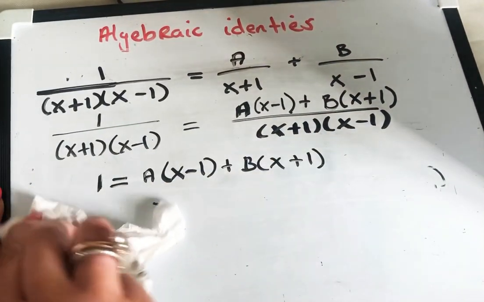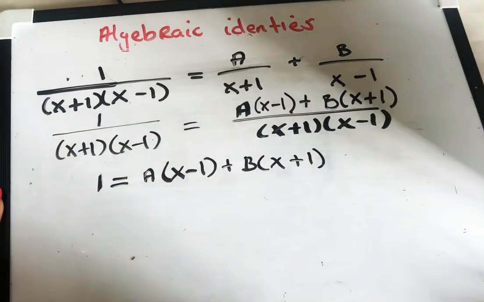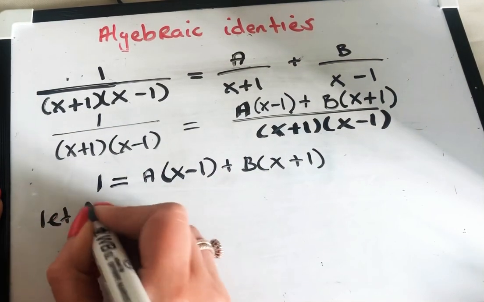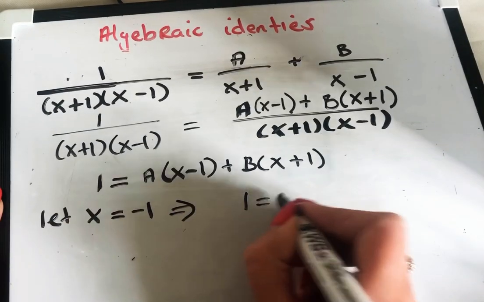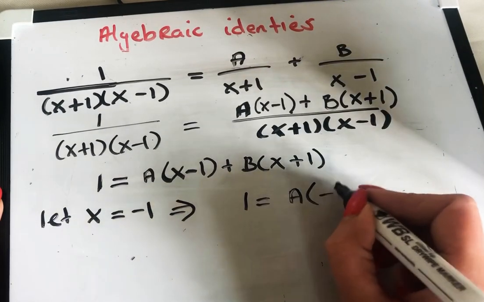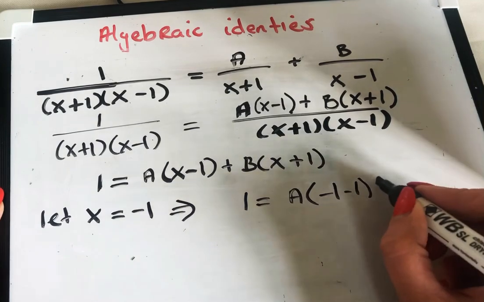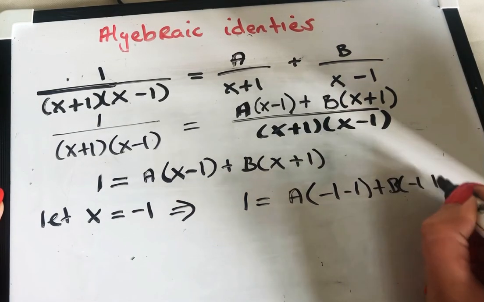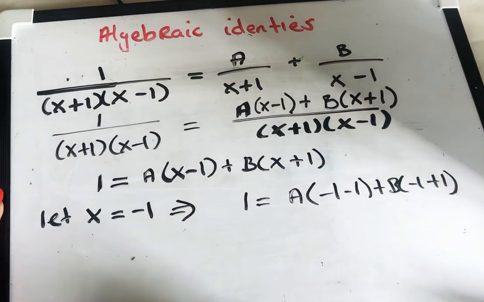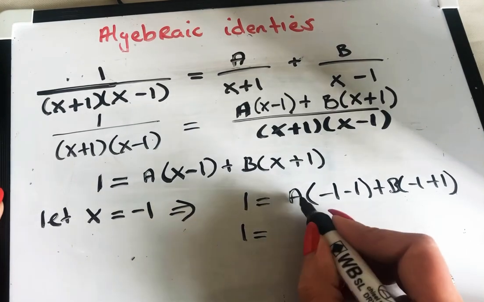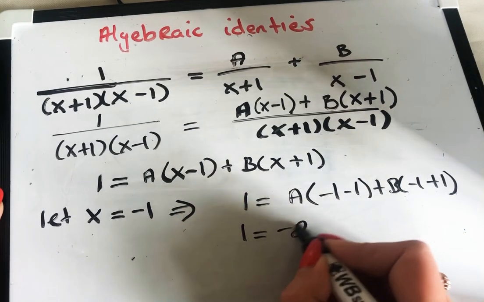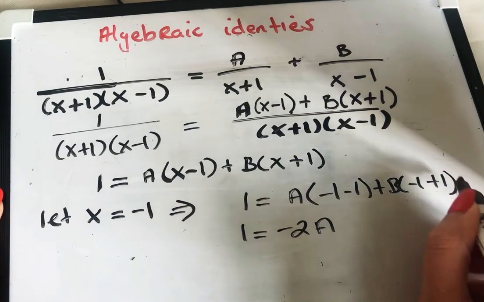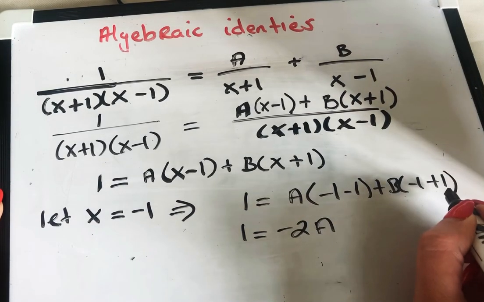So this time we're going to say let x equal minus 1. So this implies we get 1 is equal to a times minus 1 minus 1 plus b times minus 1 plus 1. So 1 is equal to, well, this here is minus 2, and minus 2 times a is minus 2a, and this here goes to 0 because minus 1 plus 1 is 0.